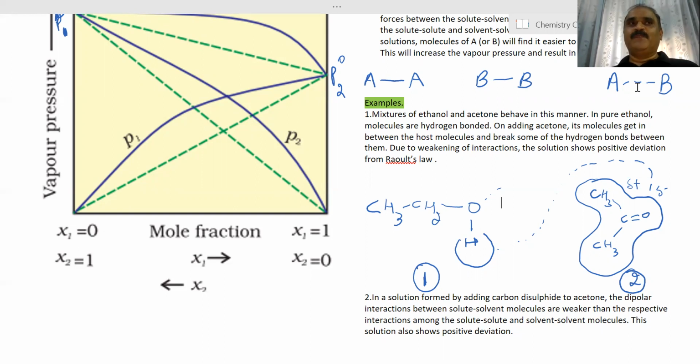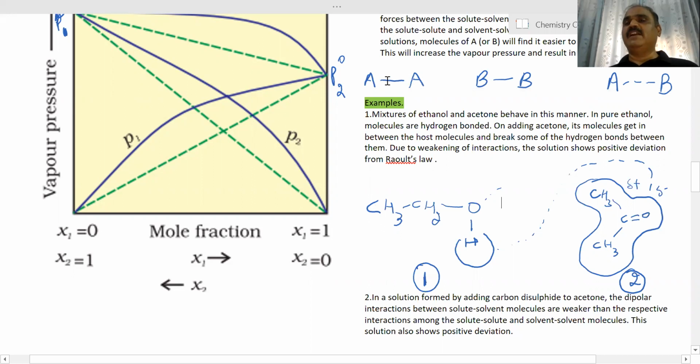You know, heat is required to dissociate an interaction or a bonding, and heat is released when some interaction or bonding is formed. So strong AA and BB interactions are dissociating to form weak AB interactions.